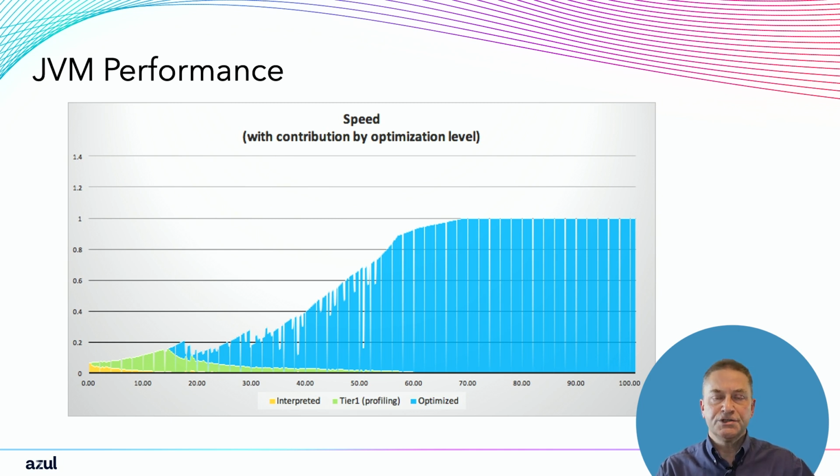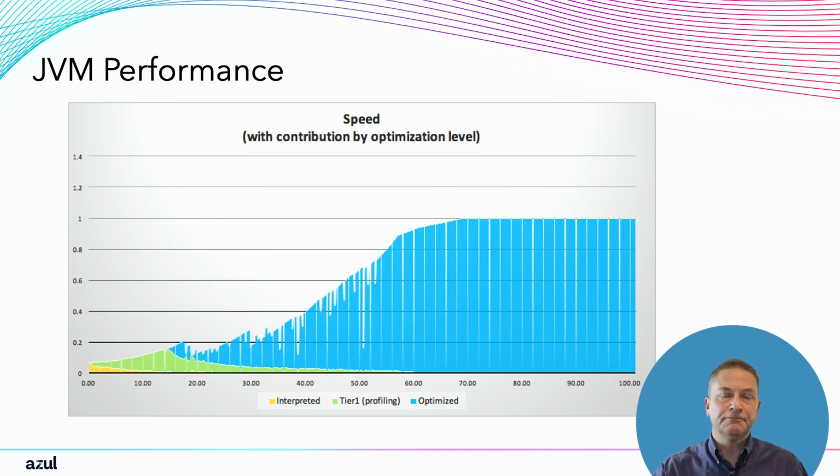First of those, called C1, is a very fast compiler to generate code as quickly as possible, but then what we do is profile how the application is using that code and then recompile it a second time using C2, or in the case of Platform Prime, Falcon, and that will provide much more heavily optimized code to get even better performance. So we end up with a period of time that it takes to get to the optimum level of performance to run our application.